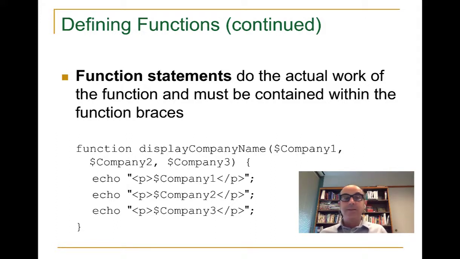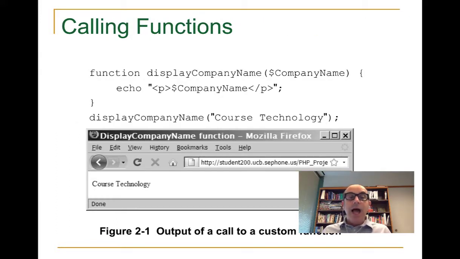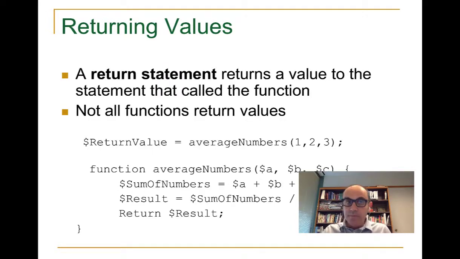Function statements do the actual work of a function and must be contained within function braces. In this example, I'm displaying a display company name function, and it will echo company 1, echo company 2 and 3. And if we say display course technology, this will be the outline of the function.